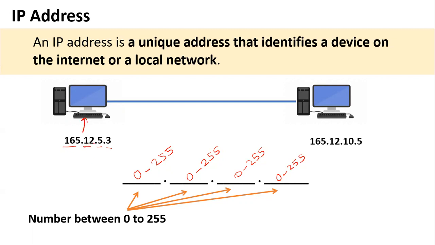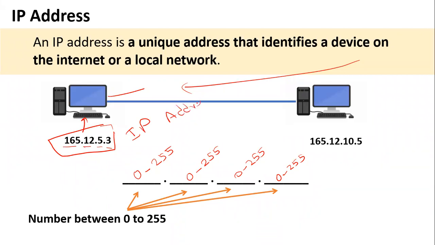So in the internet, any time that we request a service, for example, if you're going to view a website, watch a video, access Facebook, or any other social media site, all the requests will be sent from this computer with this unique address, and all the data to be sent to this computer is also sent to this unique address. So this address is called the Internet Protocol address, or the IP address.